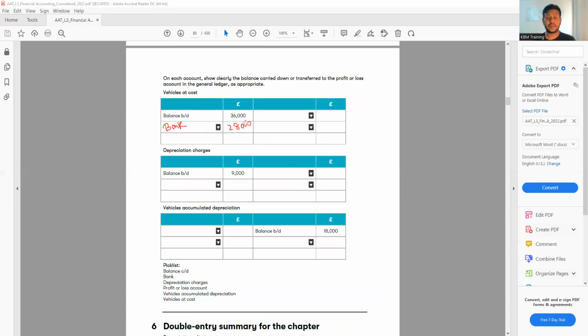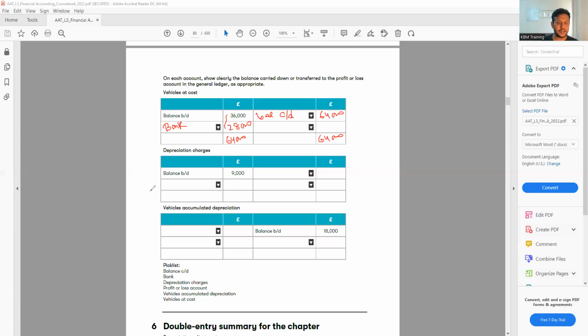There's only one machine you have purchased, so it's done here. We have to add this to find how much is the total. That is 64,000. And this is my balance c/d, 64,000.